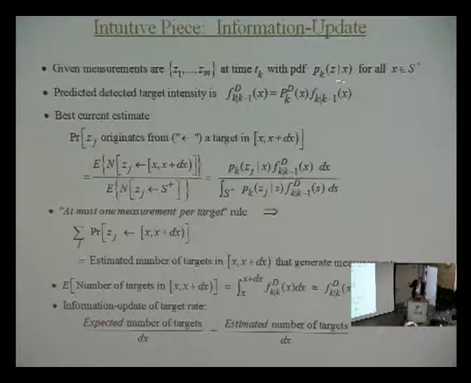They come from the same PDF, p(z|x). I have this predicted process. So now I want to know, what is the probability that one of these measurements, let's say the jth one, originated, that's what I mean by this arrow here, from a target in x, in the infinitesimal x plus dx.